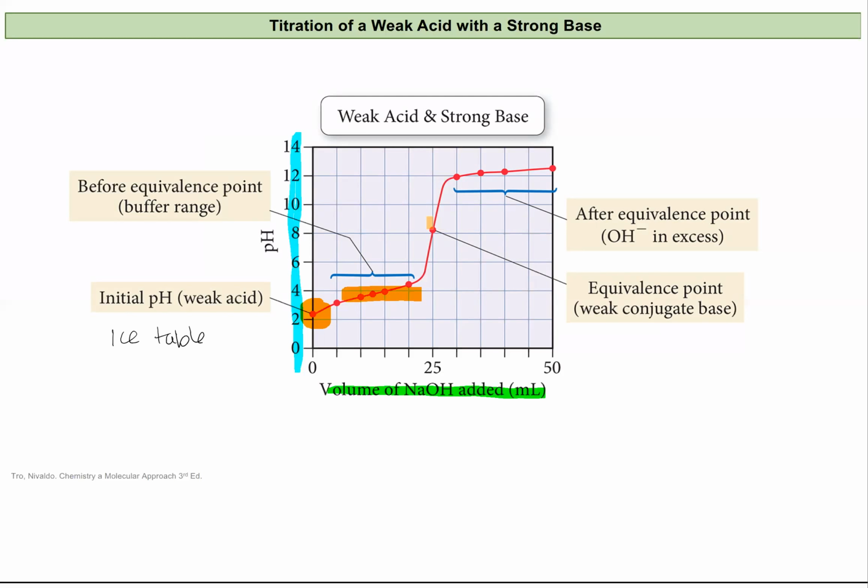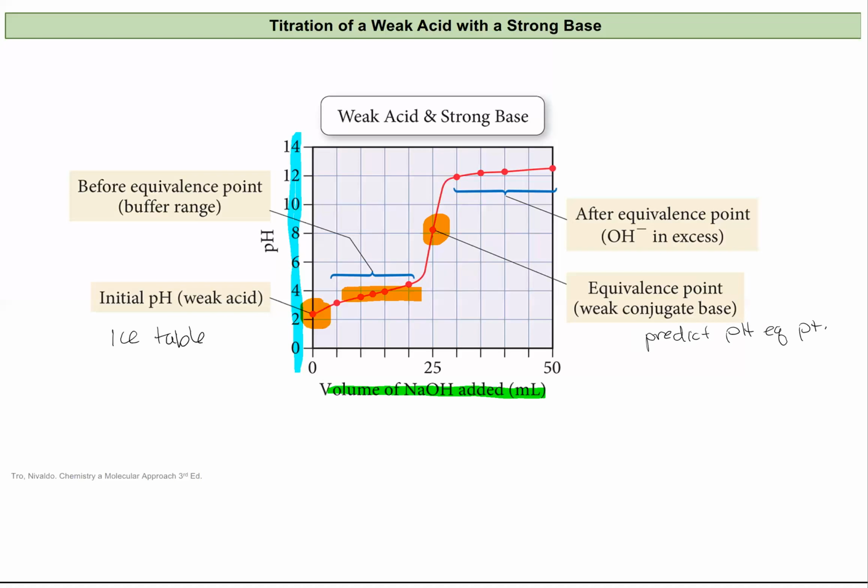Then we have the equivalence point right here where we've added enough of our base to neutralize our weak acid. And we've talked about these calculations already and how to predict the pH of the equivalence point and to calculate what that is actually going to be.